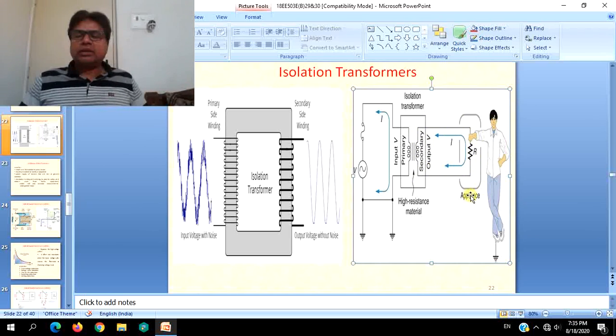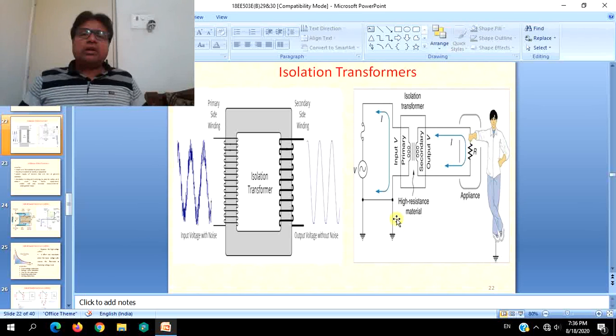If this isolation transformer were not there, where the load is directly connected to the source, if a person touches the load, there are always chances of getting an electrical shock whenever some spike or harmonics or high voltage occur. But due to this electrical isolation, even when we touch, we will not get any shock. So the first purpose is solved, that is electrical isolation is provided.